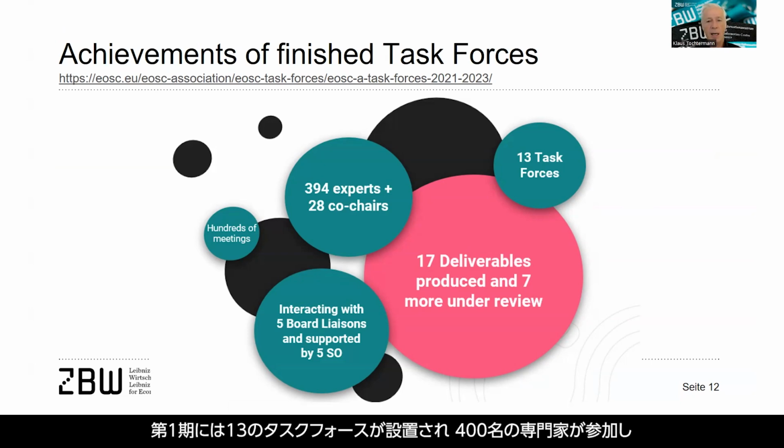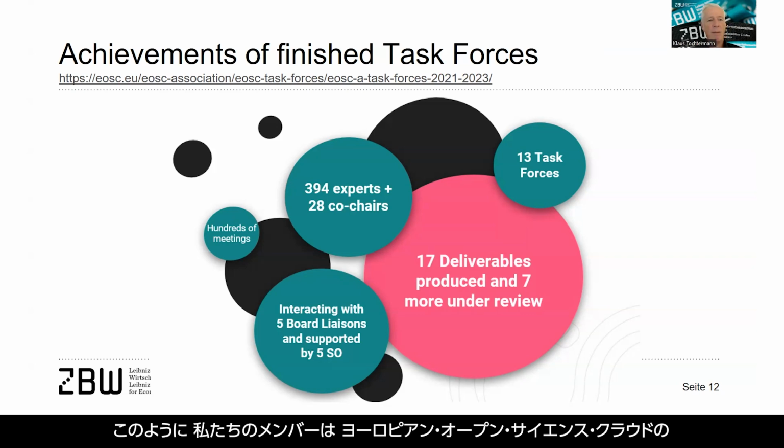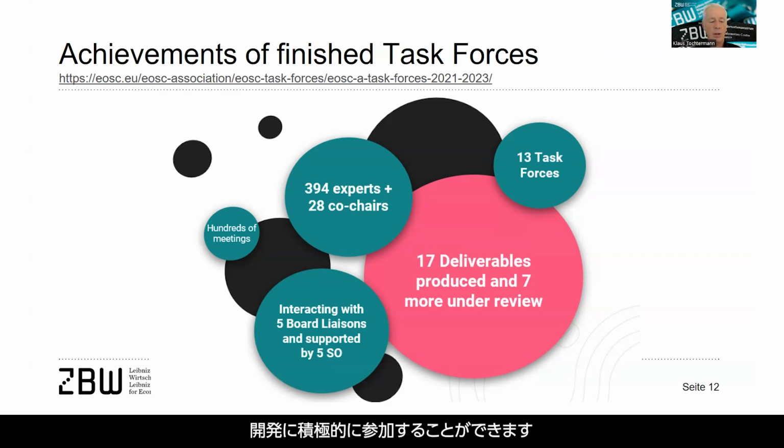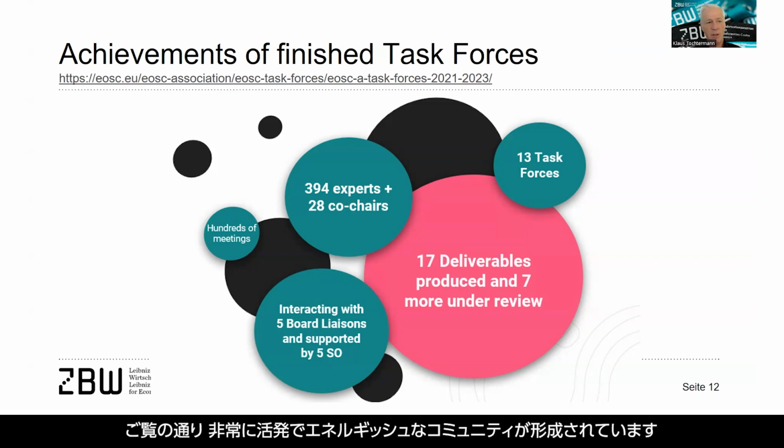We had 13 task forces in the first period. 400 experts have been involved and contributed their expertise to roughly 24 deliverables, which are all available on the web. So this is how our members can get engaged in the development of the European Open Science Cloud. And you see we have a quite lively and active community.